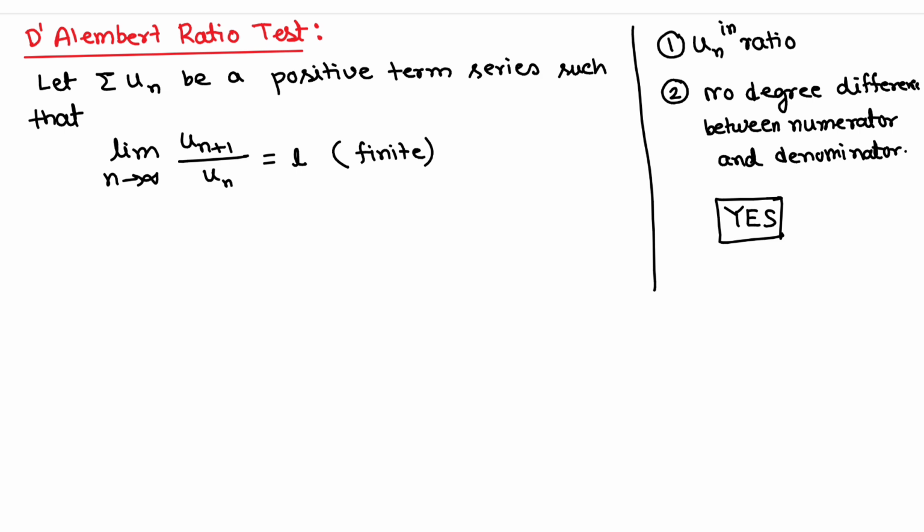Okay, so let summation un be a positive term series such that limit n tends to infinity un plus 1 by un equals L.